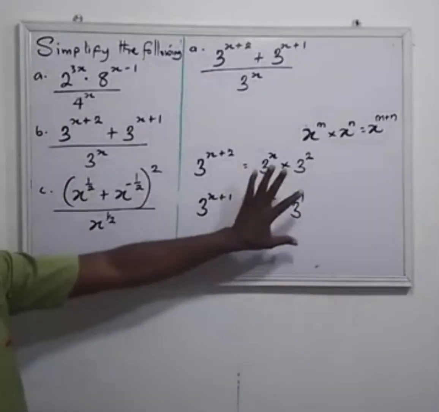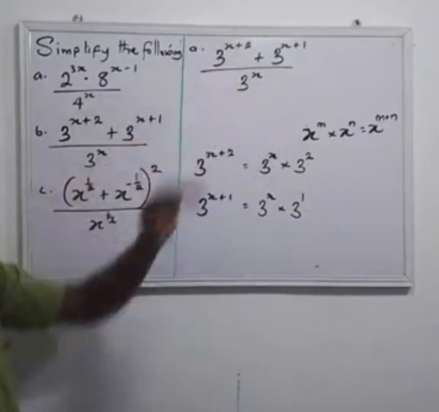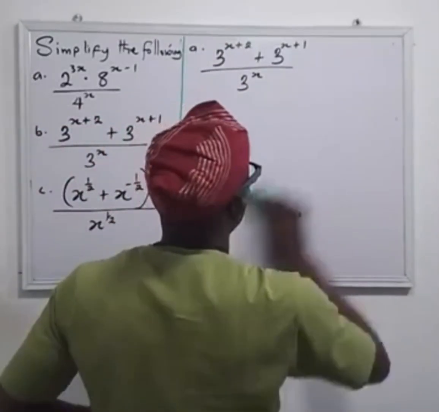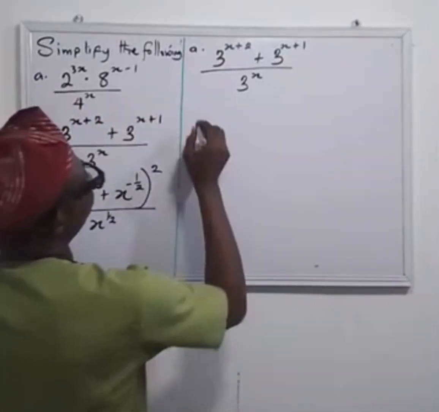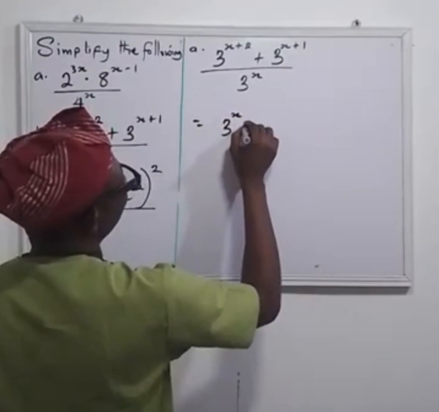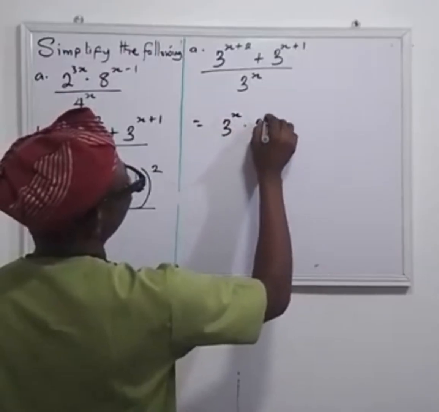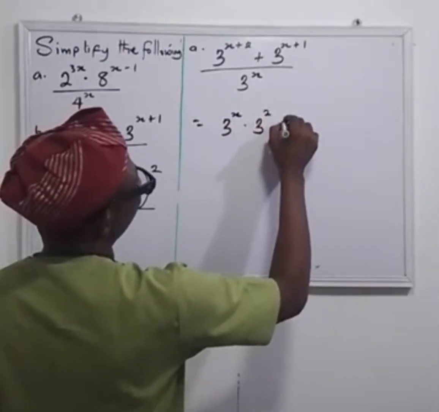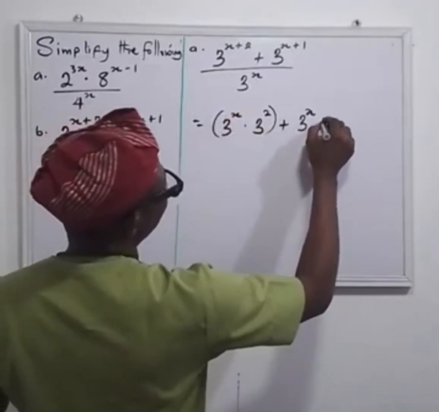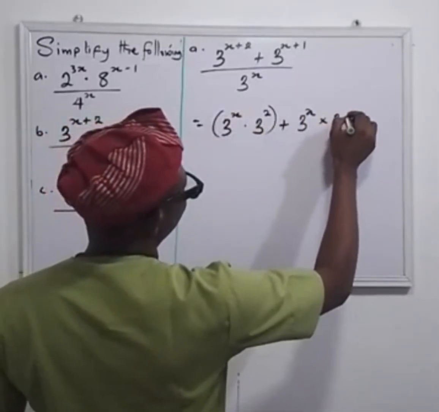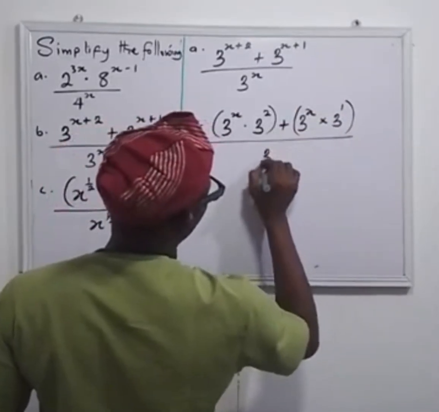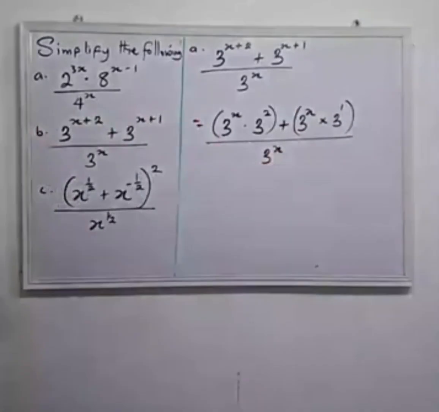So the expression turns to 3 raised to the power of x times 3 raised to the power of 2, plus 3 raised to the power of x times 3 raised to the power of 1, everything all over 3 raised to the power of x. I hope you understand that.